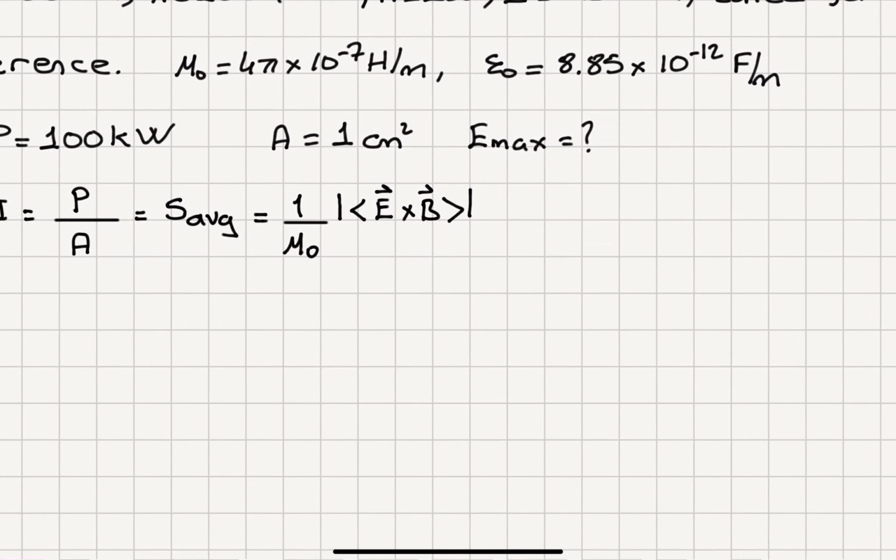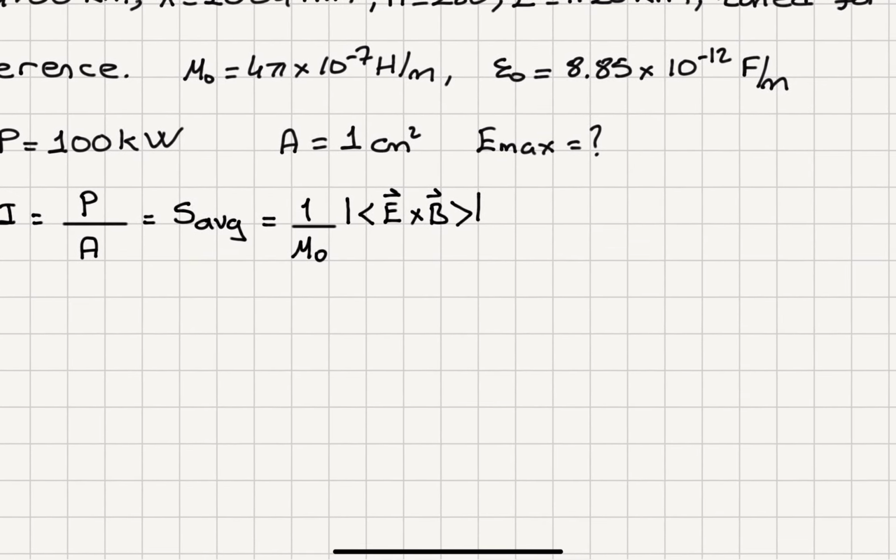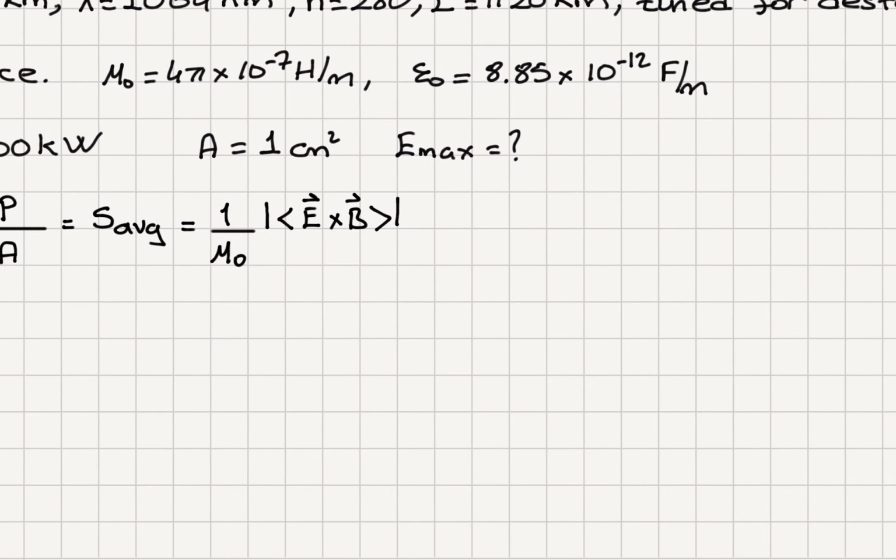And we also know that between the magnitudes of the electric field and magnetic field components of an electromagnetic wave, we have a relationship E is equal to BC. So for B, we can substitute E over C, and at the same time, they're perpendicular to each other.